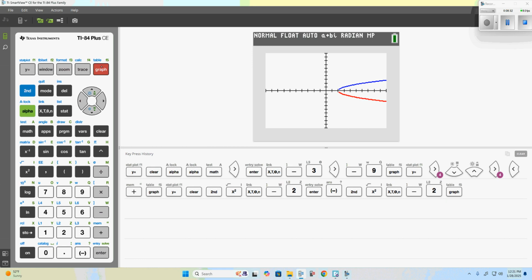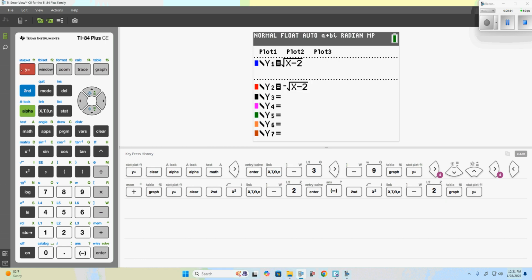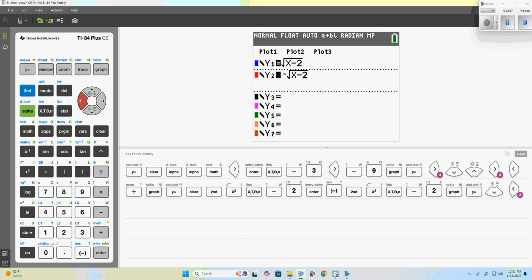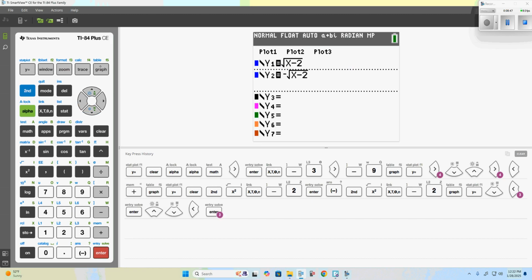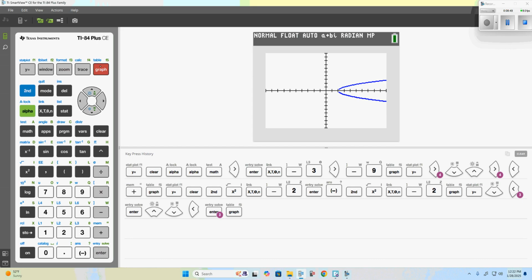This is what we have. Now it is in 2 different colors, just because of how the calculator is set up here. That is all one function. Is that a function? No, because it doesn't pass the vertical line test.